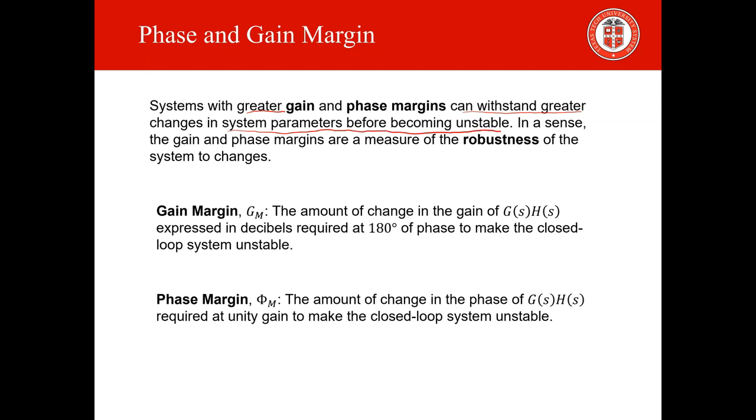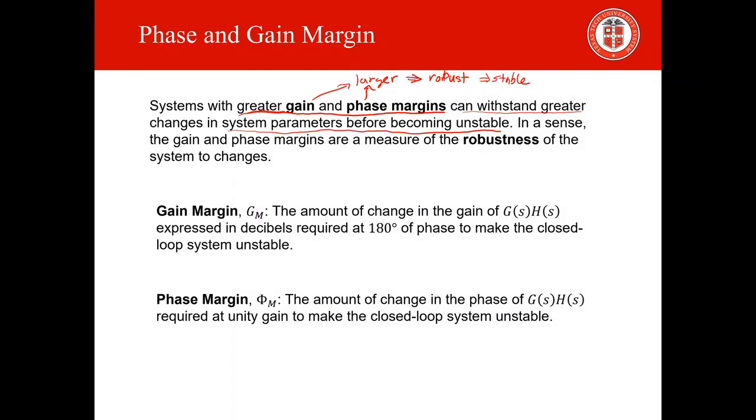So in a sense, if it has a larger gain and phase margin, that means that it's more robust, meaning that you can perturb the system or change the parameters slightly and it's still going to be stable.